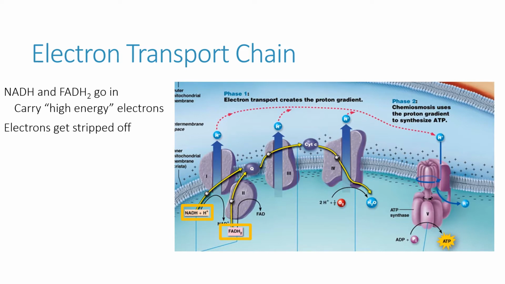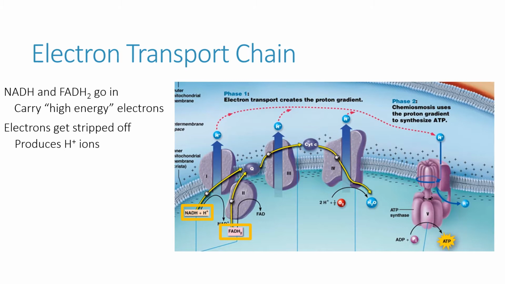Those high energy electrons get stripped off as part of this electron transport chain. It's an electron transport chain because the electrons are pulled away from those hydrogens and start to get moved from one protein compound in the cell to the next. Because we stripped off those electrons, we wound up having a hydrogen atom that doesn't have its electron anymore.